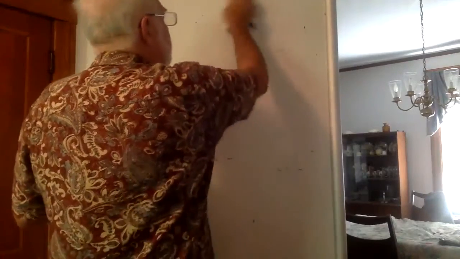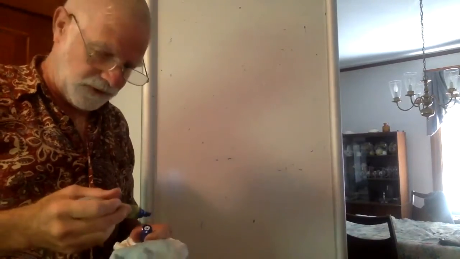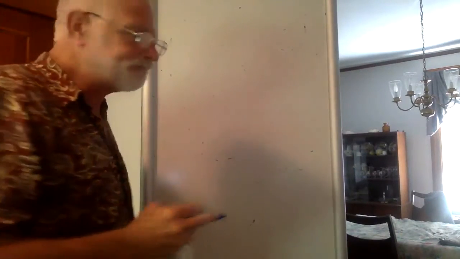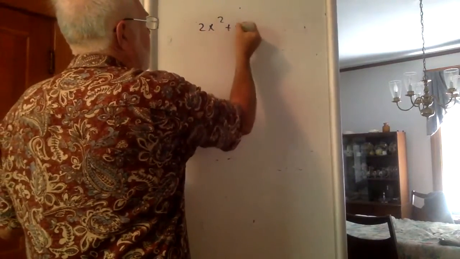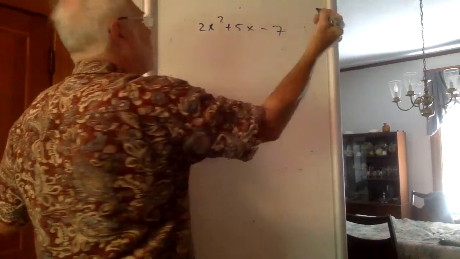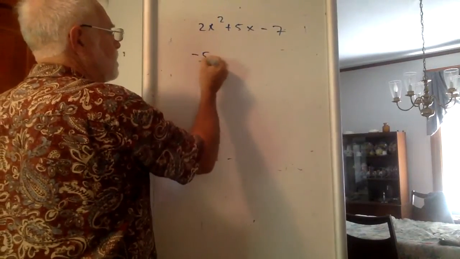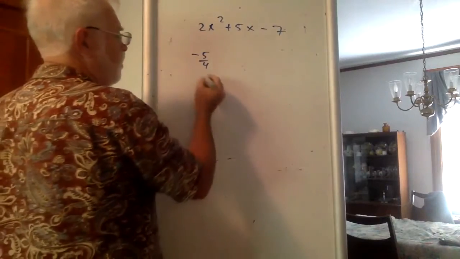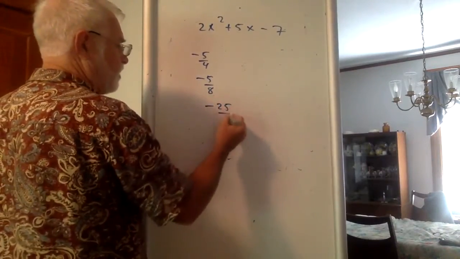Now, of course, anytime you get a square root of a perfect square, you could have factored the problem. And I don't want to get away from factoring. It's a very important skill. But sometimes it's easy just to, so let's do 2x squared plus 5x minus 7, something like that. All right, so minus b over 2a, minus 5/4. Going to cut that in half, so we now know minus 5/8 times 5 is minus 25/8.